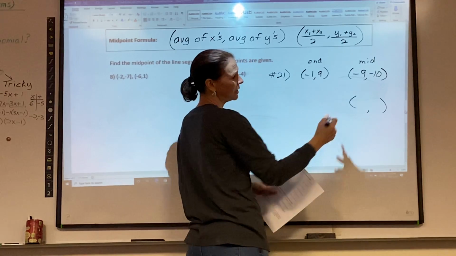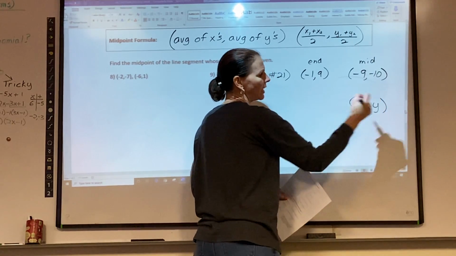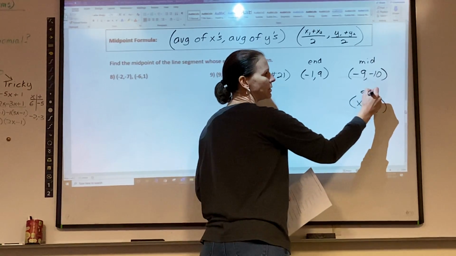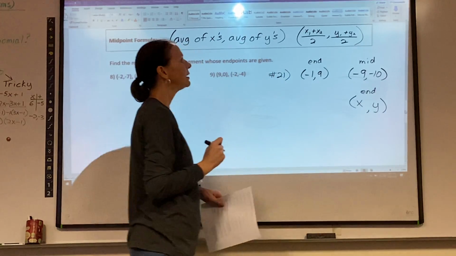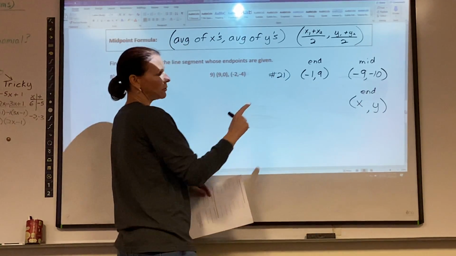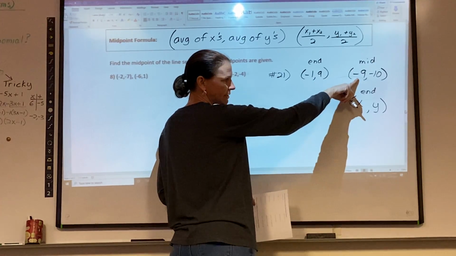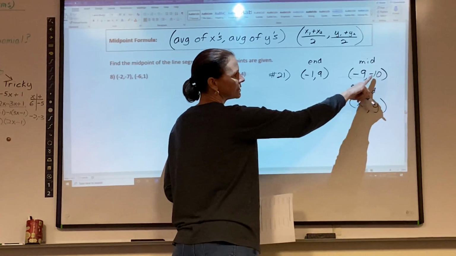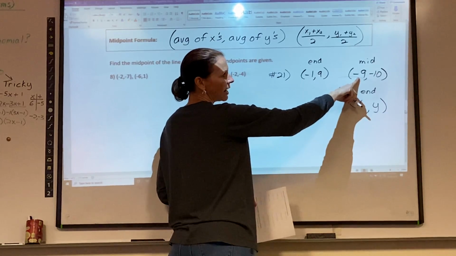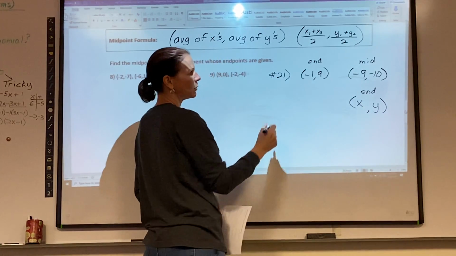So since we don't know what it is, I'm just going to call the values x and y, and we know that this is the other endpoint. So if we think about how we come up with a midpoint, this is average of the x's, this is the average of the y's. So if -9 is the average of the x's, I could set up this equation.